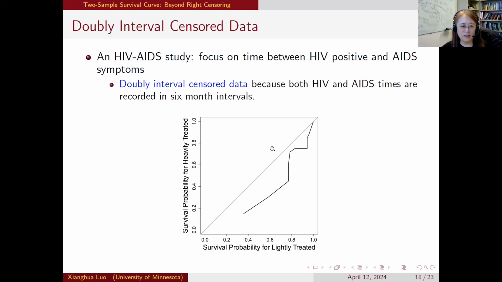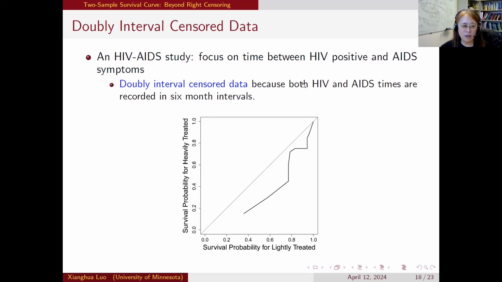And this is doubly interval censored data. By doubly interval censored data, we mean that the event time that we are interested in may have both the start, the initiation event, and the event of interest being interval censored.